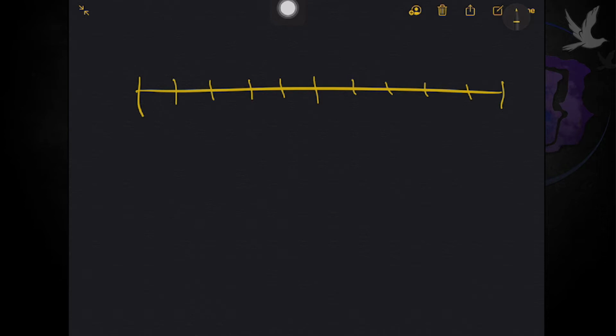For example, if we have 63, and I'm going to ask you now, how do you round off 63 to its nearest tens? Let's say the instruction now is nearest tens. And if you observe, I have this certain bar on top.